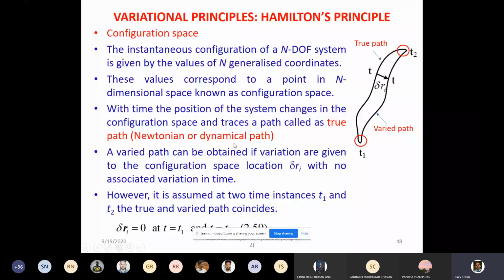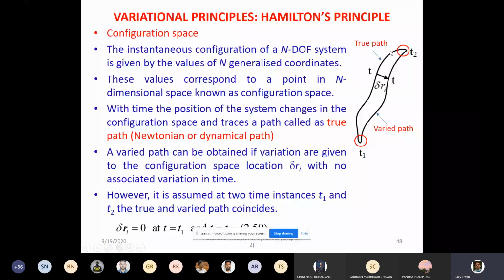I hope I'm clear. In a configuration space, the n-dimensional vector gives a point which is changing with time because this is a dynamic system, so it will trace a path. You can see in the figure the point moving from T1 to T2 in the configuration space.